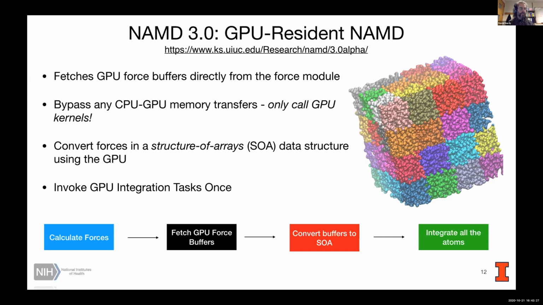And we've also converted the forces into a structure of arrays data structure, and this way we can invoke the GPU integration tasks once and do that on the GPU and keep all of this data on the GPU.